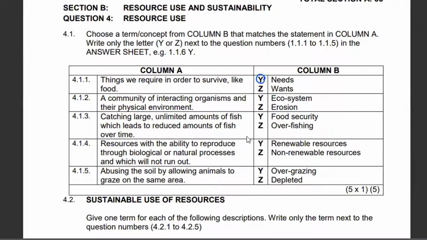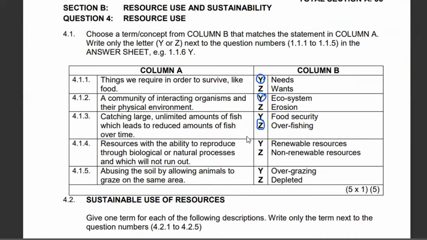A community of interacting organisms in their physical environment. Is it an ecosystem or is it erosion? It is an ecosystem. Catching large and unlimited amounts of fish, which leads to reduced amounts of fish over time. Is it food security or overfishing? It is overfishing.